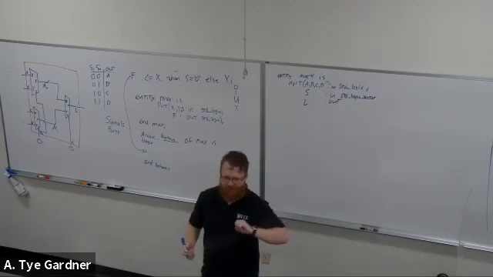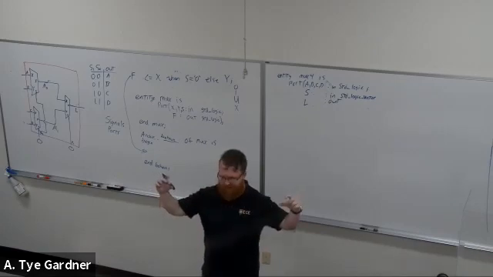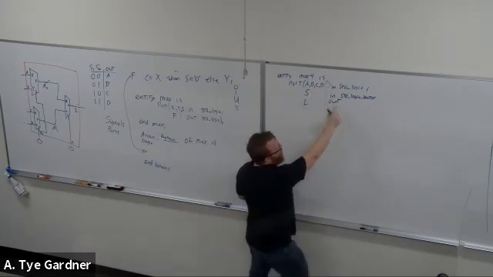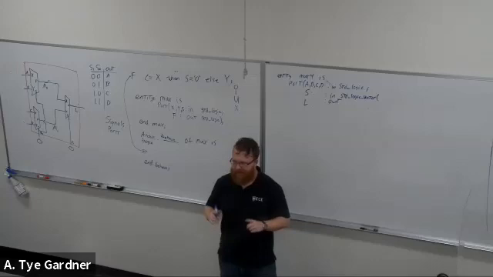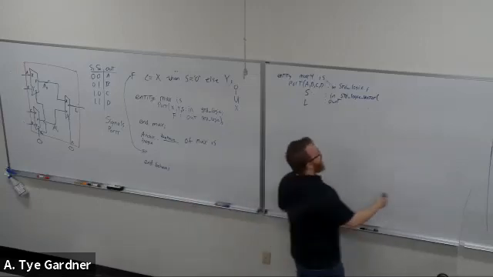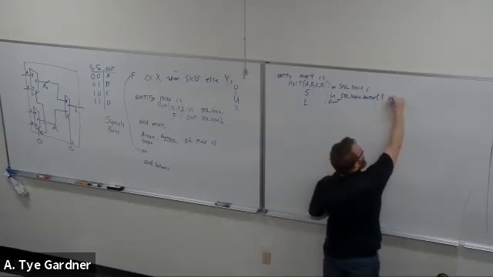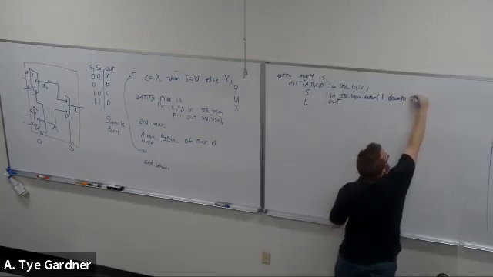A one-dimensional array, right? It's just a line of values. So I now have S is an input of standard logic vector, then I have to tell it how big it is. It does not like to not know how big something is. And the way I do that is 1 down to 0.